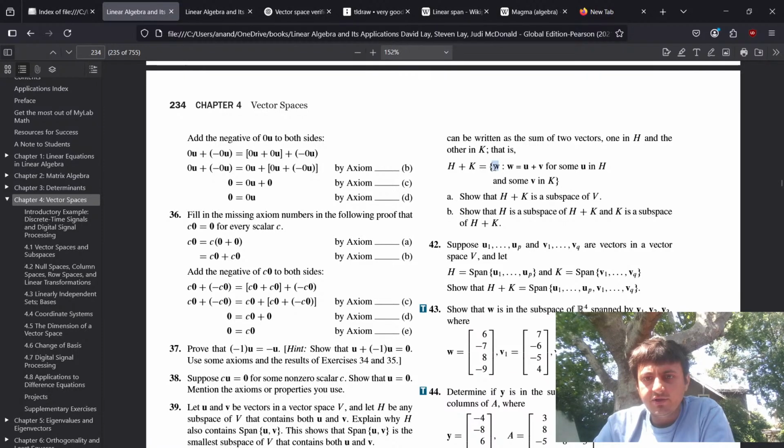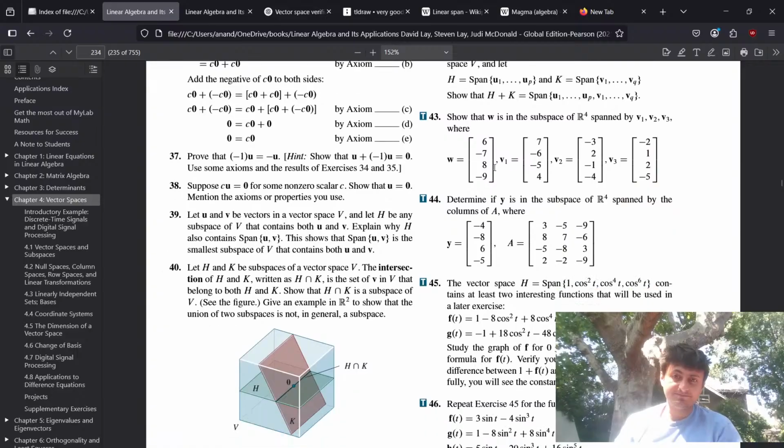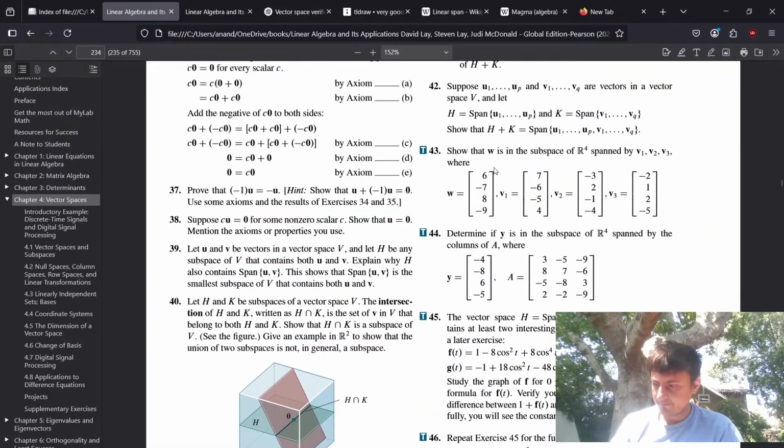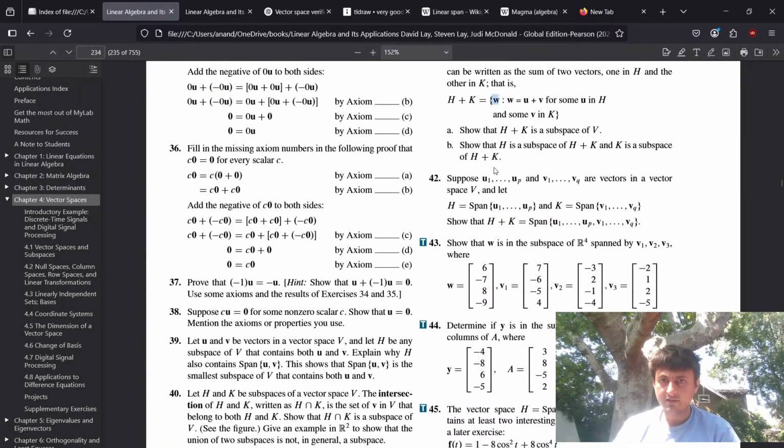For some W, okay, so let's just write this out because this is a good problem. 4.1. H plus K is defined as the set W such that W is equal to U plus V for some U in H, V in K. Okay?